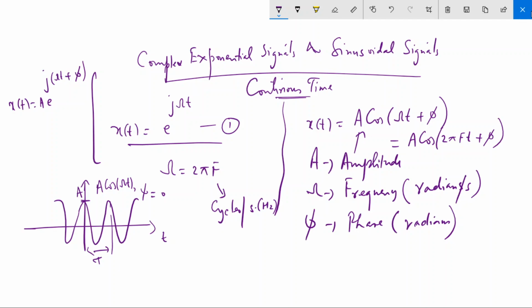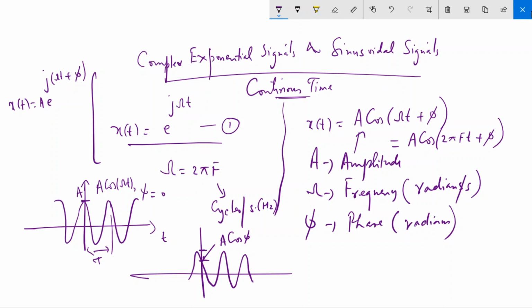And if your phase is not 0, this maxima will not occur at t equal to 0; either it will be shifted to the right or left. So in general you can have a signal like this, maybe. Now at t equal to 0, this amplitude is not maximum; it will be a cos phi, because omega t will become 0, but since there is some phase, at t equal to 0 you will get a cos phi, and the maximum magnitude is here.